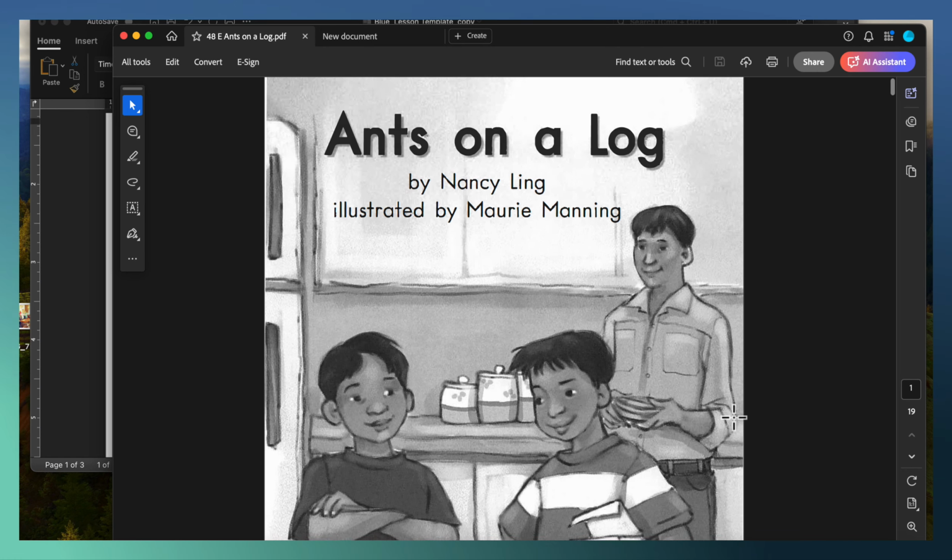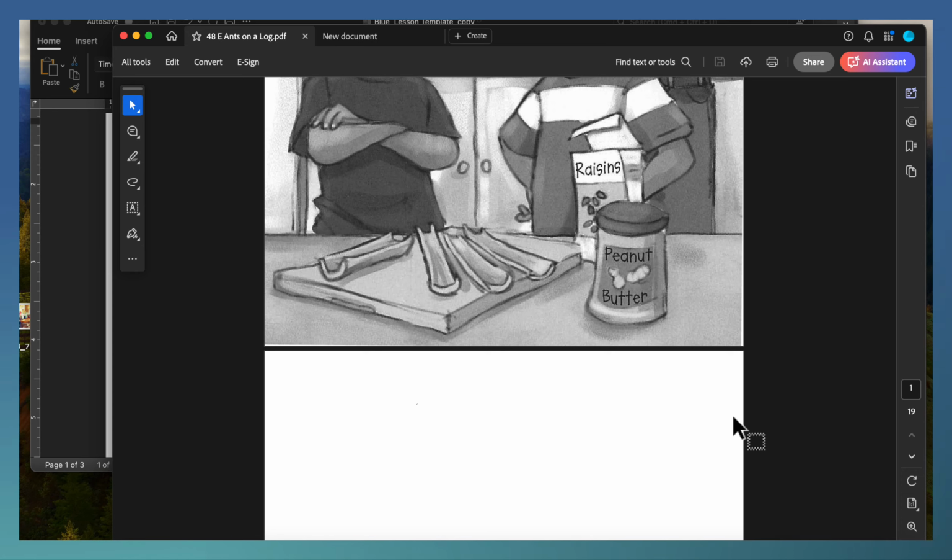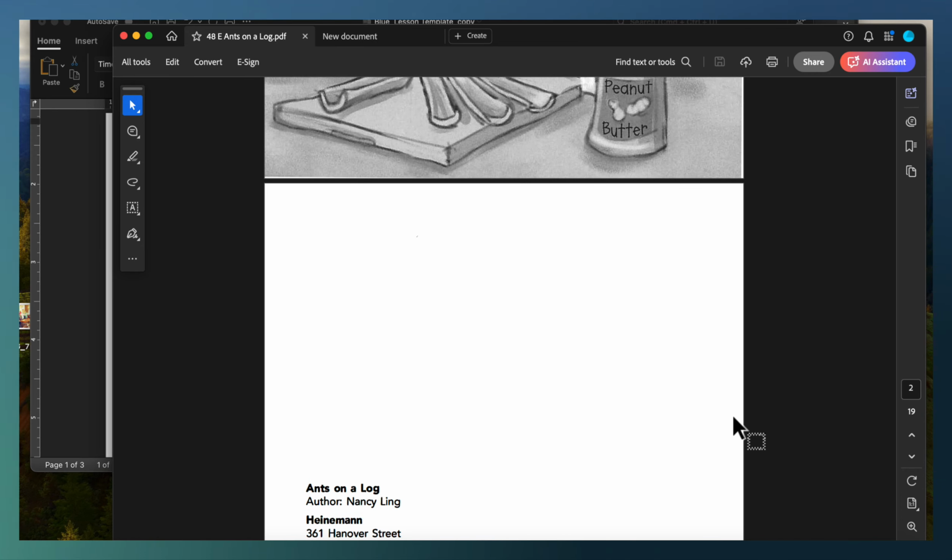This is called Ants on a Log. I am going to be looking at things like vocabulary distribution, so the number of different words or the amount of repetition of particular words and phrases. I'm always trying to think beyond words into the phrasal level, because individual words tend to collocate.